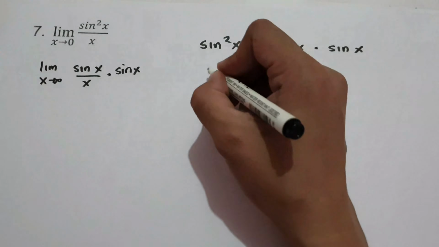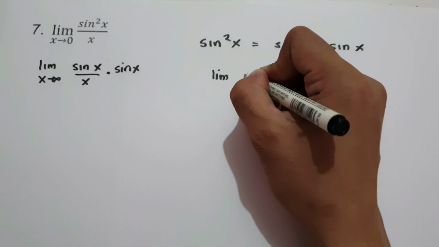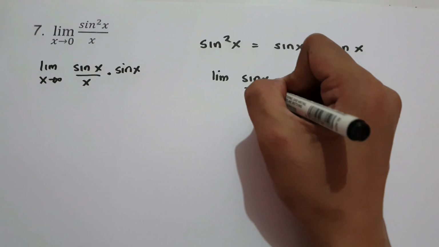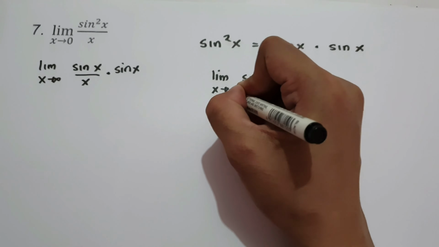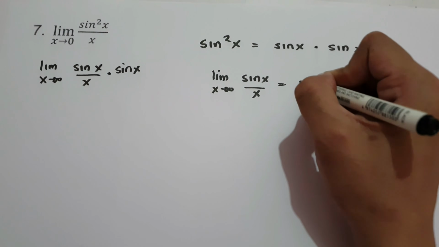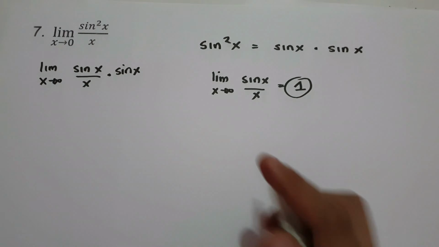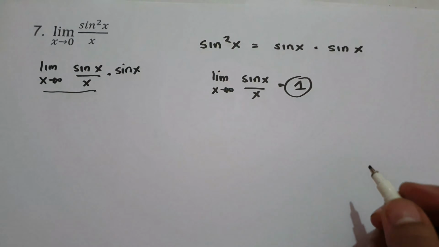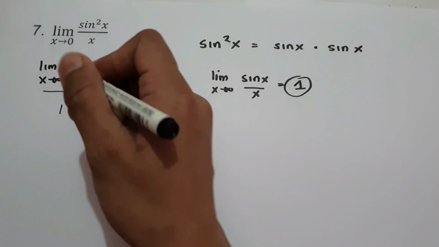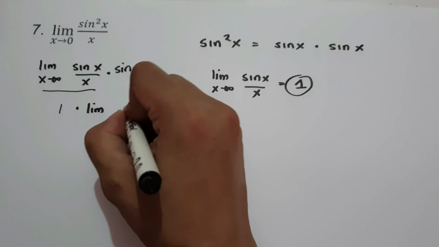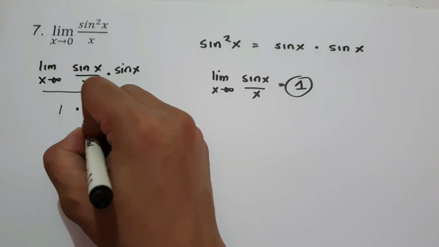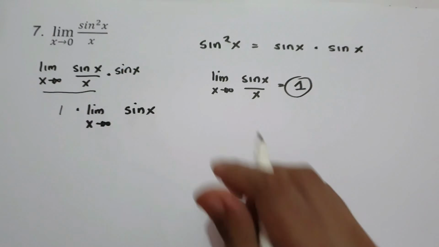And we all know that the limit of sine x over x as x approaches 0 is 1. So we are going to have 1 times the limit of sine x as x approaches 0.